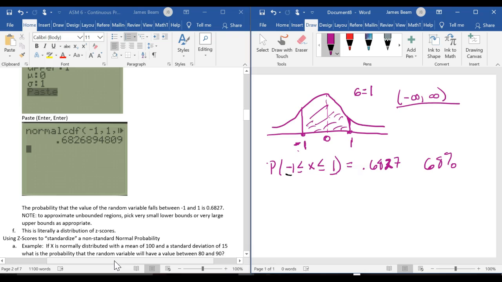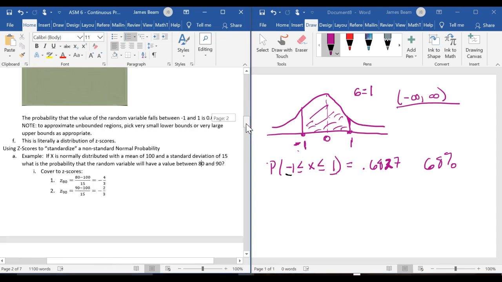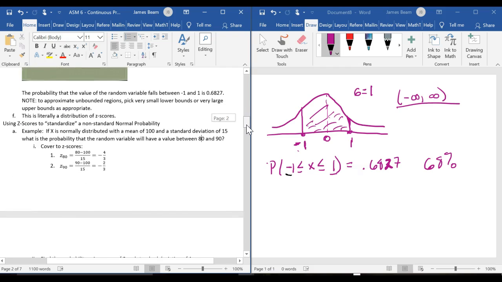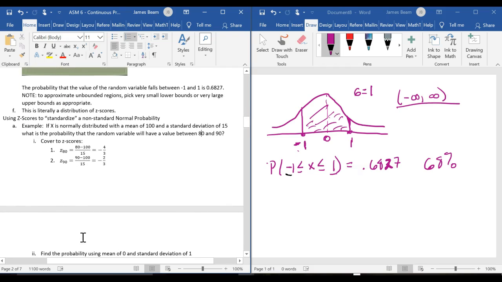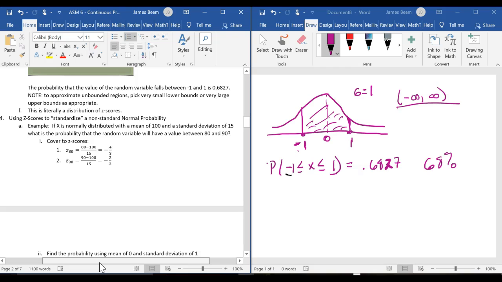Things don't normally have a mean of 0 and a standard deviation of 1, and the standard normal really just gives you a distribution of z-scores. Back in the day, you would normalize all your scores to z-scores, and then you would find your probability.